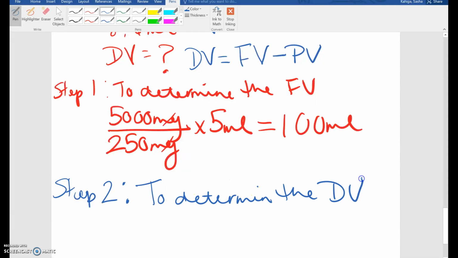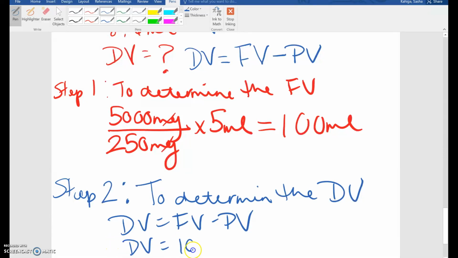Now, step 2 is for us to determine the diluent volume. Again, DV equals FV minus PV. My final volume, you guys calculated that to be 100 milliliters in step 1. And the powder volume, they told you in the problem, is 8.6 milliliters.